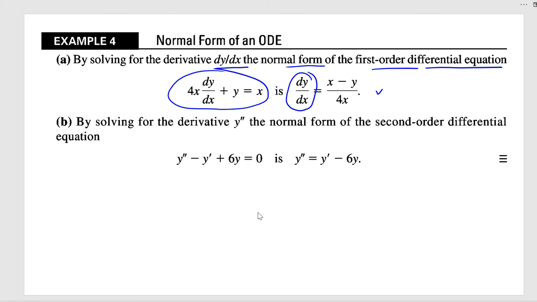Similarly, this is the normal form for a first order differential equation, but for the second order differential equation we need to separate the highest order derivative. Here the highest order is 1, here the highest is 2. So on the left hand side we will write the highest order.